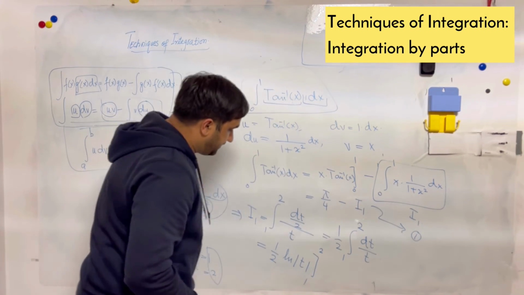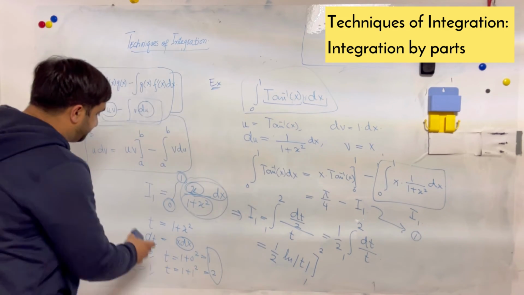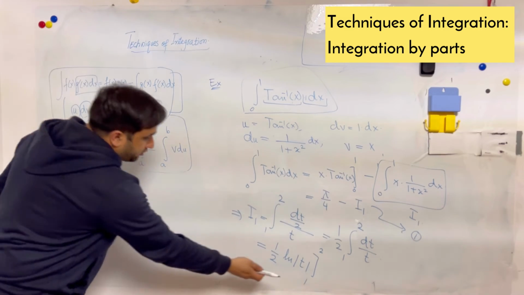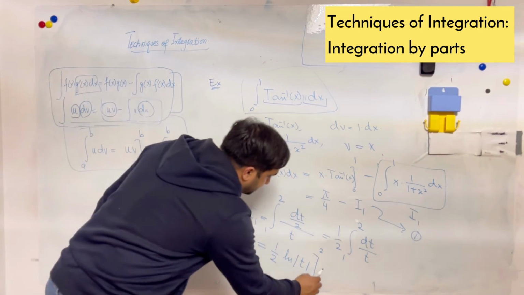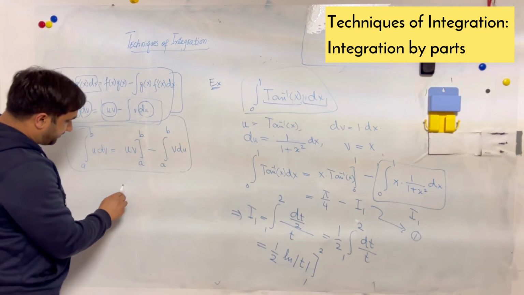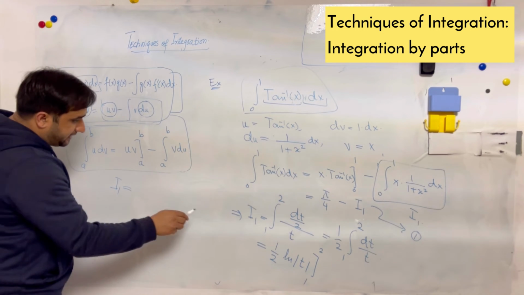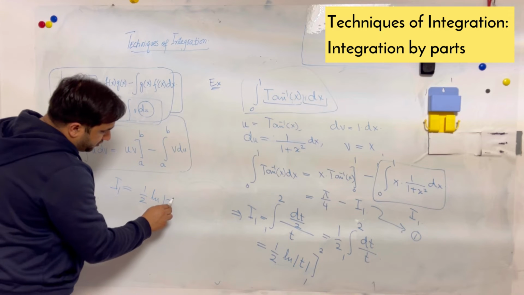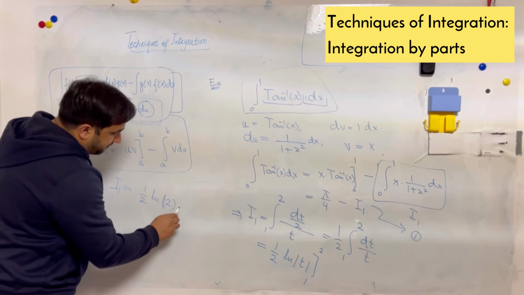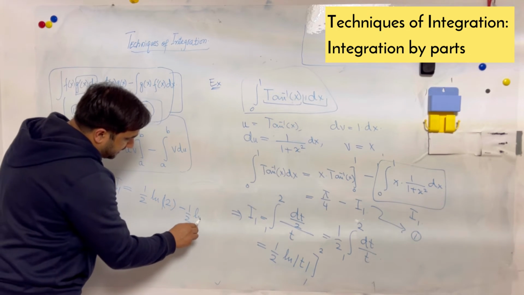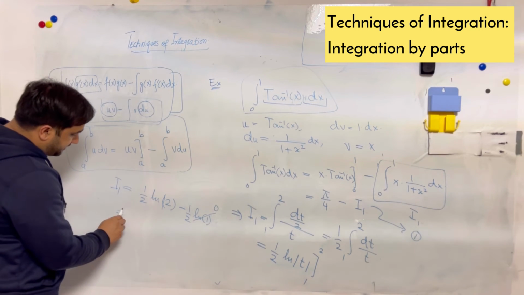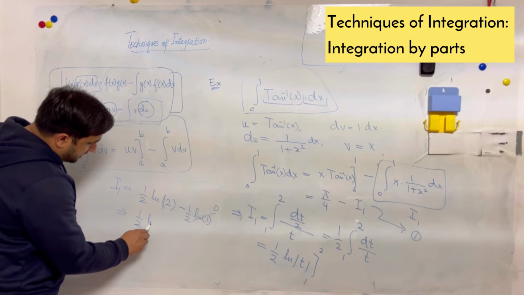So when you simplify it, put the limits into it, there is no need of c, so I1 will be 1 by 2 ln of 2 minus 1 by 2 ln of 1, and ln of 1 is always 0. So this is equal to 1 by 2 ln of 2.